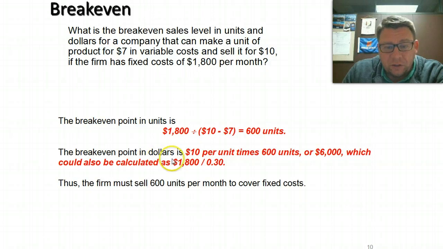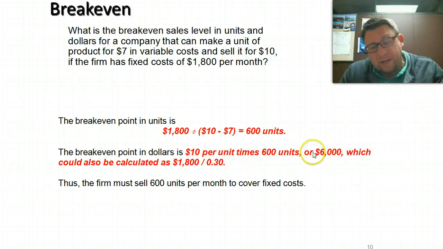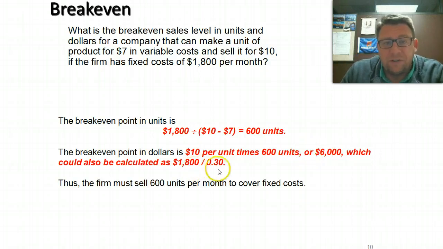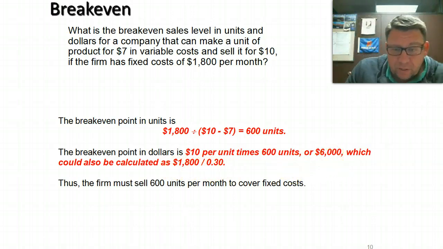To calculate break even in dollars, the easiest way is to multiply the 10 times the 600 units to get $6,000. But if you're not given that information, you use the other formula: fixed cost divided by contribution margin ratio. Remember the 30%. So 1,800 divided by 30% is also $6,000. So we have to sell 600 units to break even.